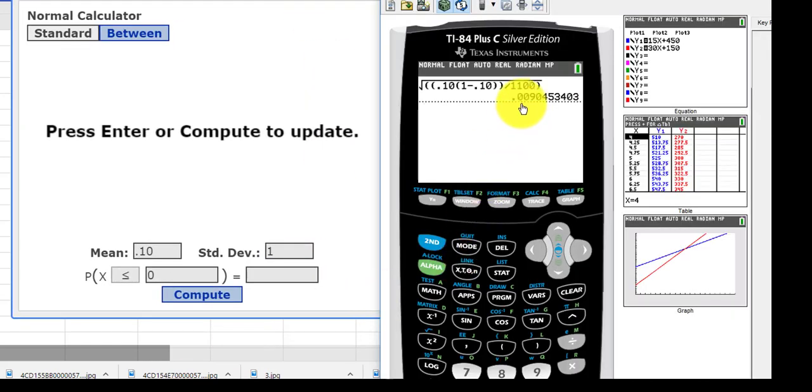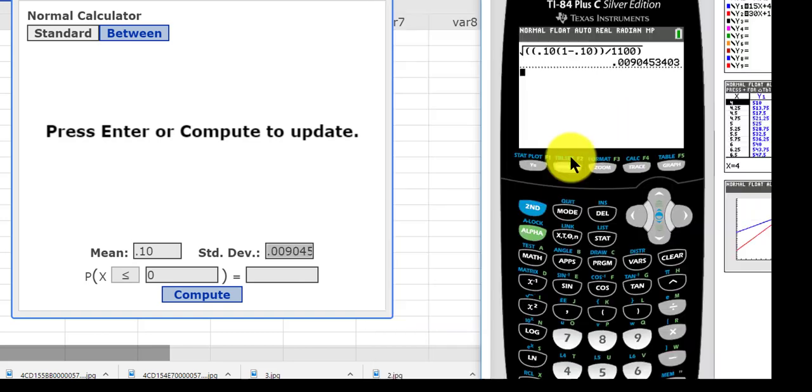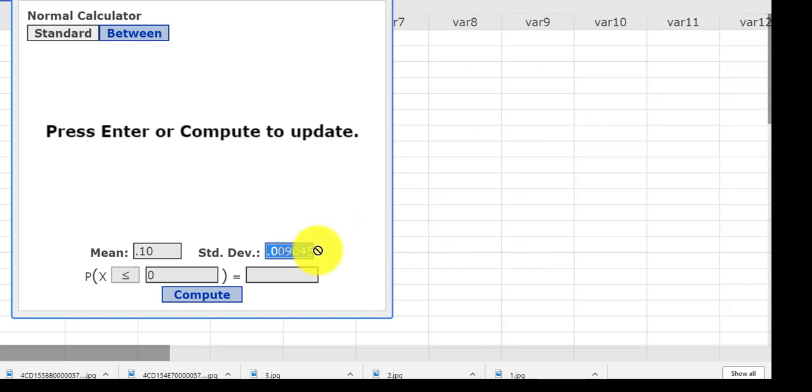That was 0.0090. I'm going to enter most of these numbers just to be safe. I'm just double checking to make sure I type these numbers in correctly. And as you see, I went quite a few decimal places.